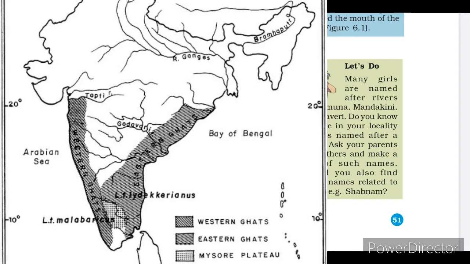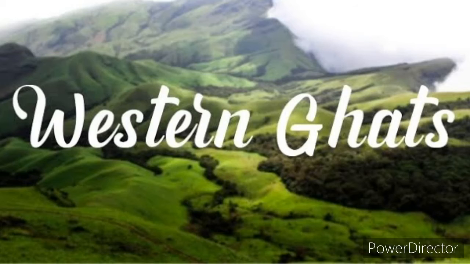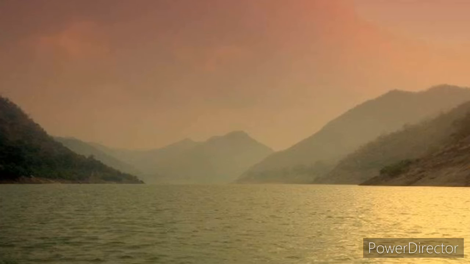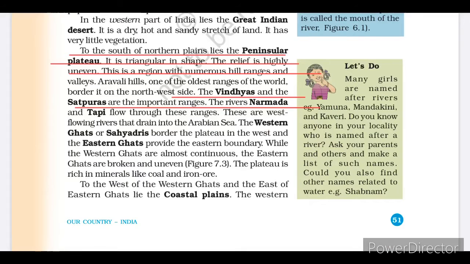While the Western Ghats are almost continuous, the Eastern Ghats are broken and uneven. Let us see the images of the Western Ghats and Eastern Ghats. The plateau is rich in minerals like coal and iron ore.